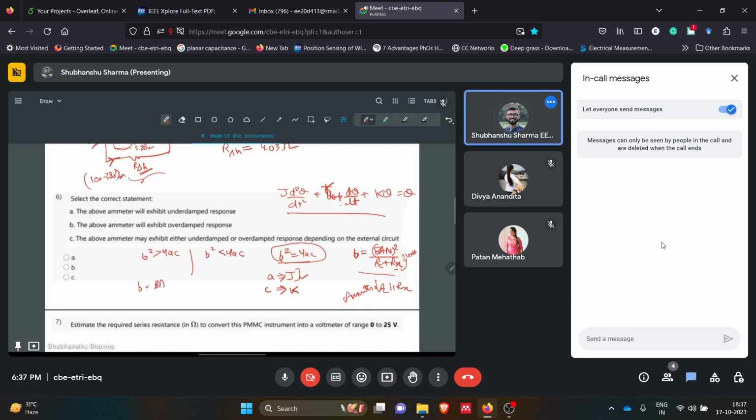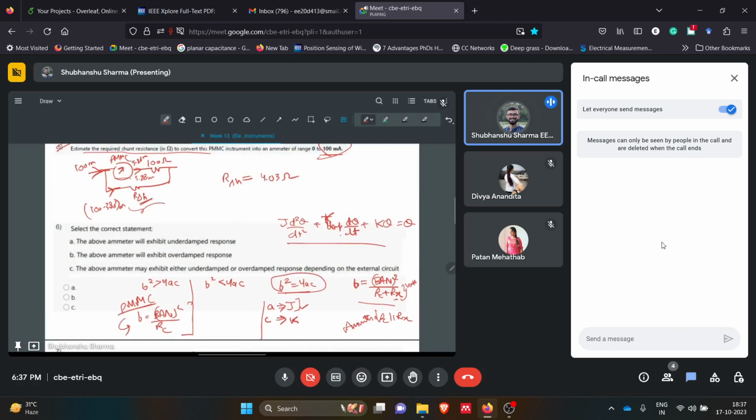So just calculate what B will be: normally BAN square by RC. So this is B for a simple PMMC, where you have RC, the coil resistance. But if you are making, let's say, an ammeter, because in this question you have been told to make an ammeter, then there is a shunt resistance.